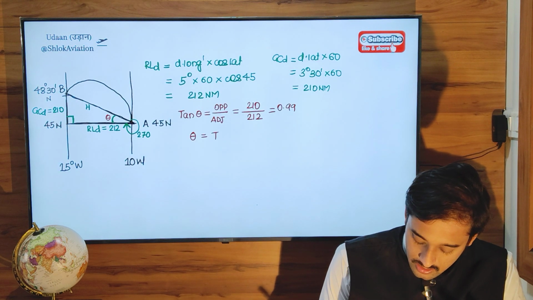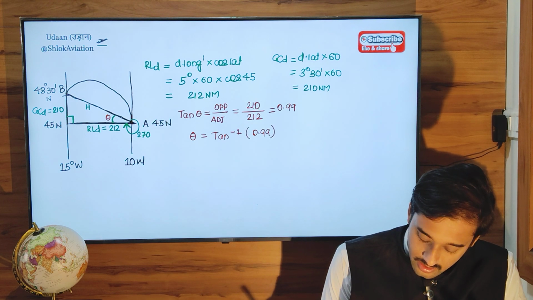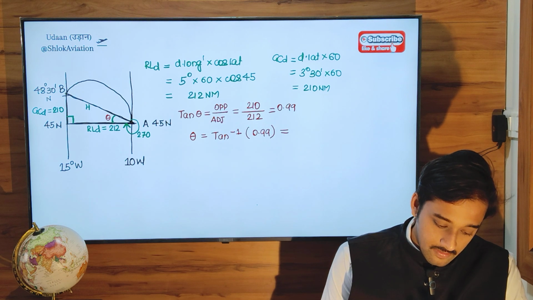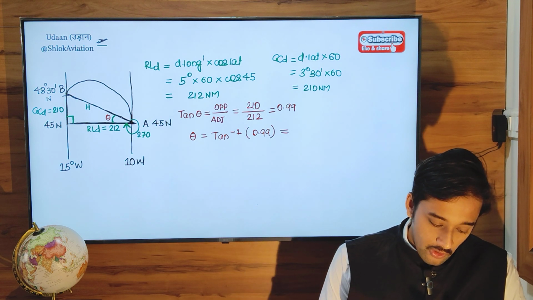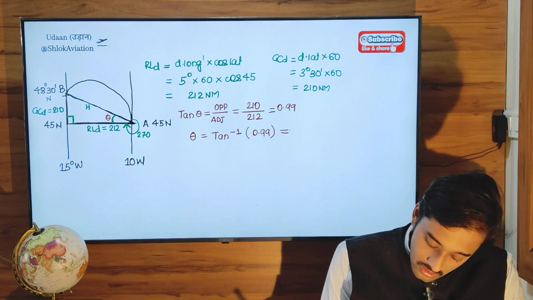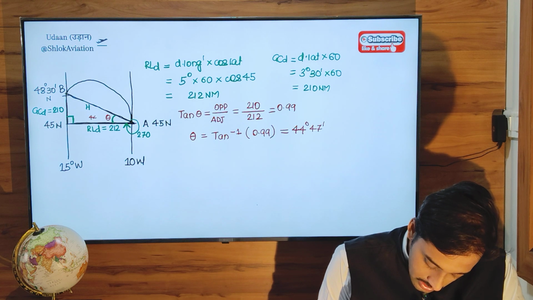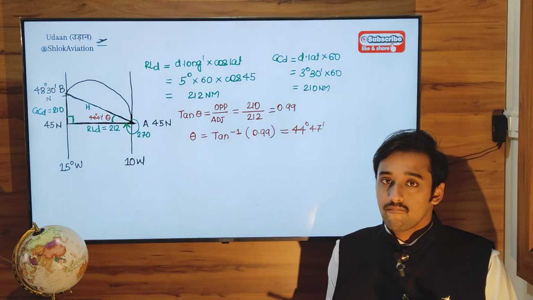Tan inverse 0.99, which is, shift tan inverse 0.99, equal to 44 degree 47 minutes. So this particular angle is 44 degree 47 minutes.